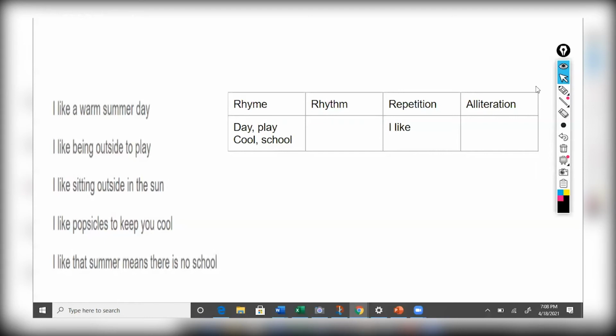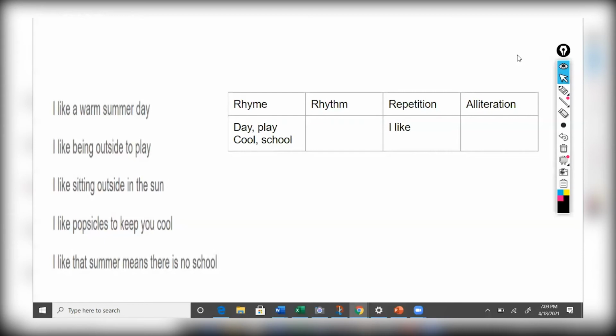Day and play are rhyming words, and cool and school are rhyming words. They're all actually found at the end of a line. Normally, when poets are writing, they include the rhyming words at the end of the line, but not always.